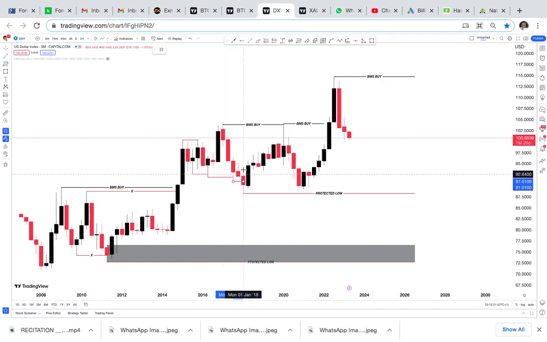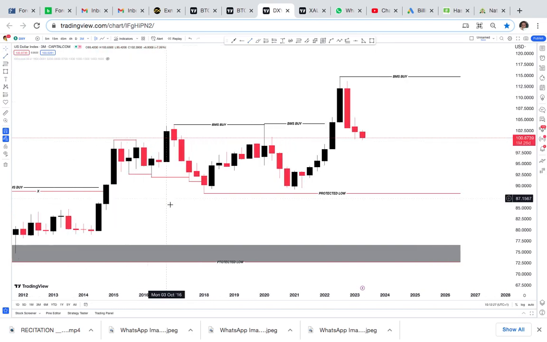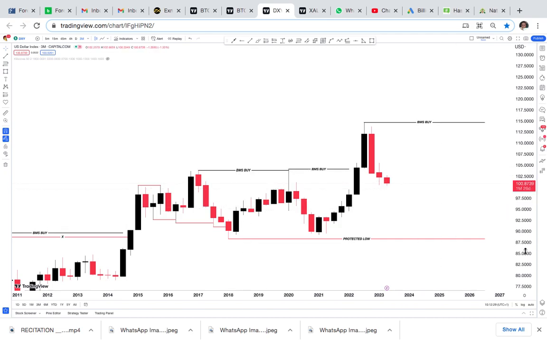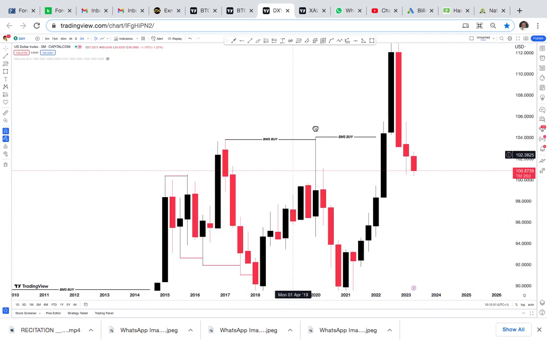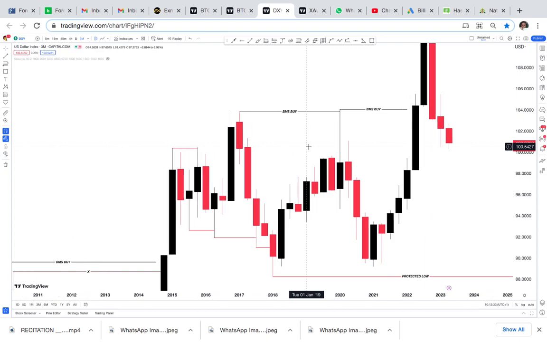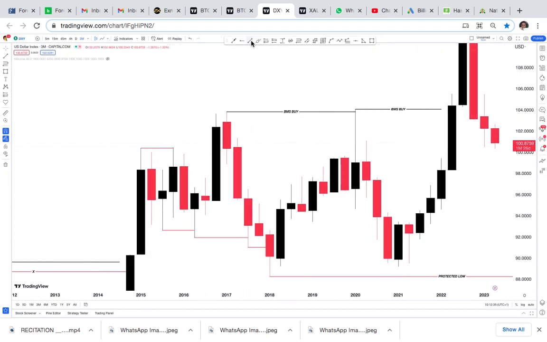So this is the last low that was taken. So I think this is where this guy was divided into two. So let's go into that zone to see. This zone.